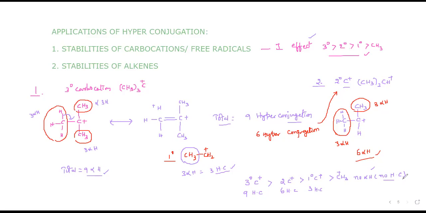Right. Let me go with the last application part, stabilities of alkenes. As we know, alkenes are carbon-carbon double bonded compounds, right? Any alkene, a simple alkene. Any substituted alkene, particularly more alkyl substituted alkene, is more stabilized.